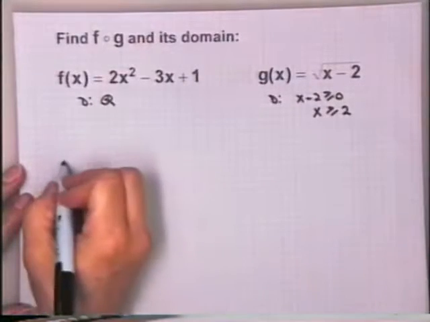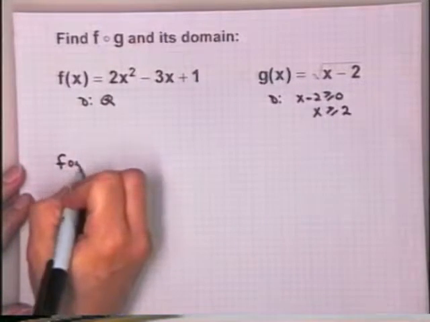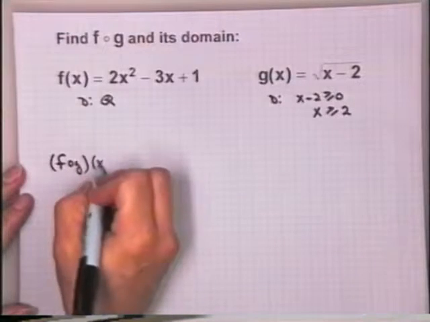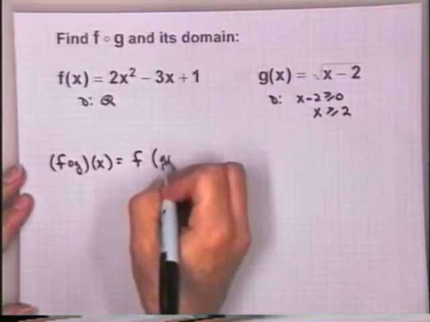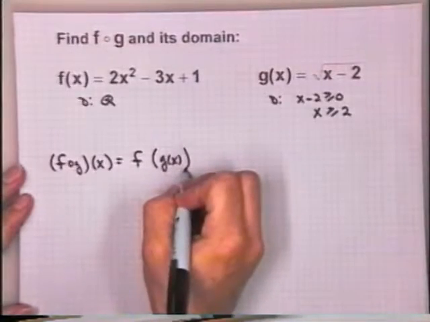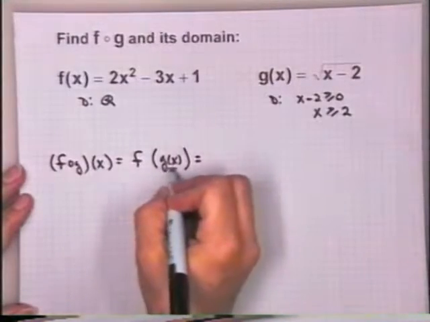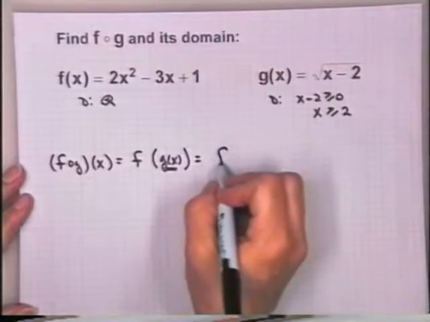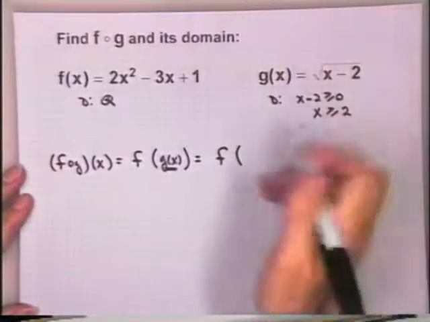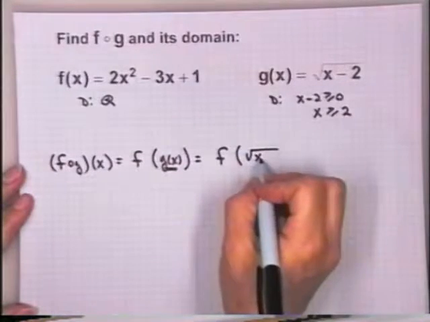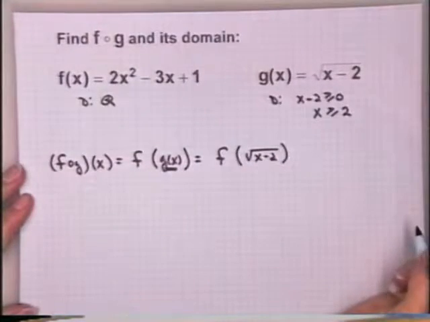Let's do our f circle g thing. F circle g of x, remember f is on the outside, g of x goes on the inside here. Now the first step is to replace this g of x function. So f of, in place of g of x is the square root of x minus 2, isn't it?